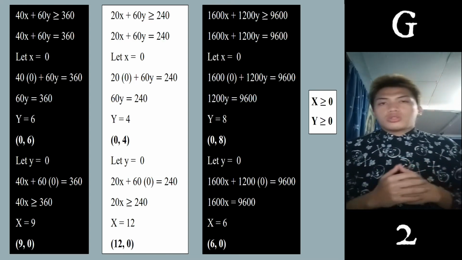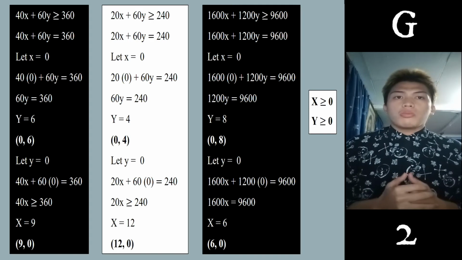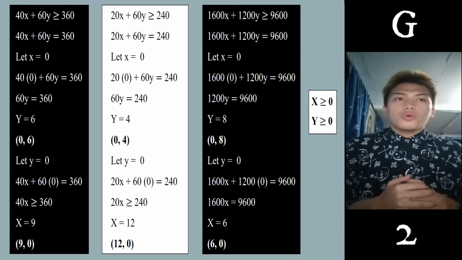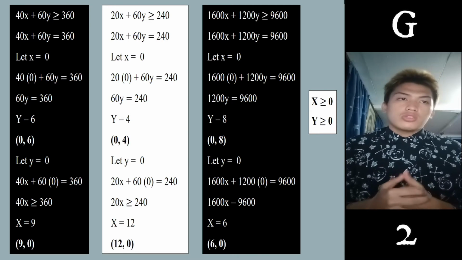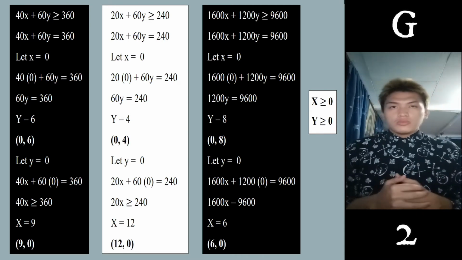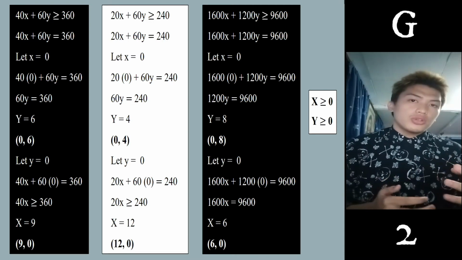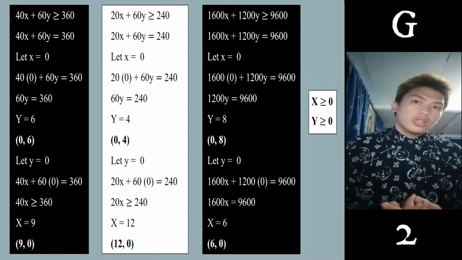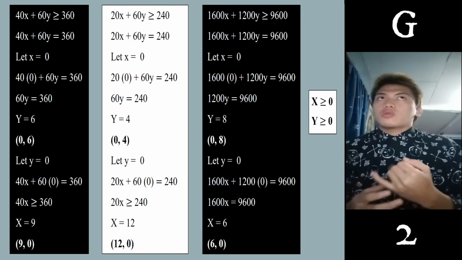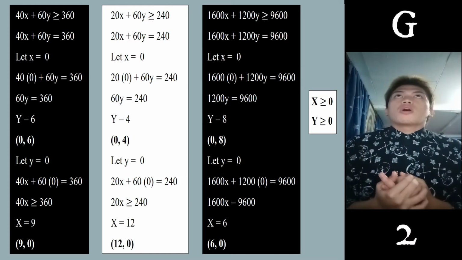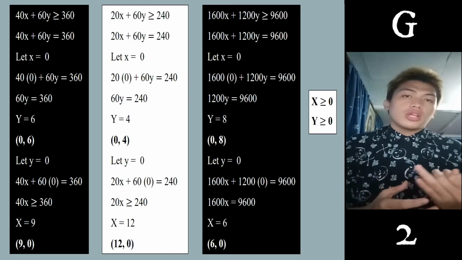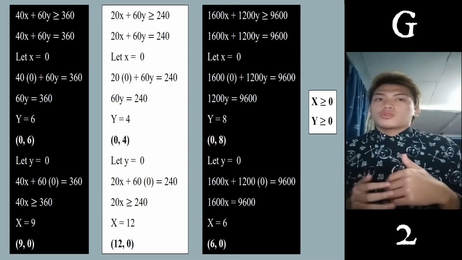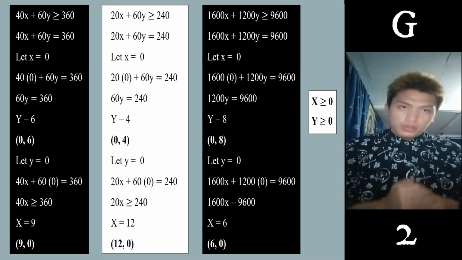Now let's substitute 0 to y, and we will come up with x is equal to 6, having an ordered pair of 6, 0, and that is for our third equation. And that is for our first, second, and third equation. We also have x and y greater than or equal to 0, which is our non-negativity constraints, which we will also include in our graph.